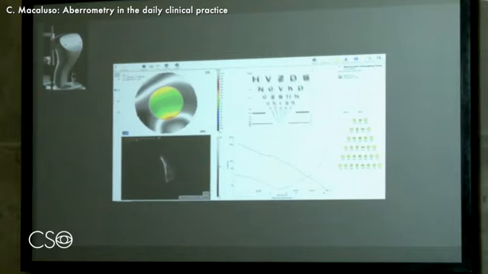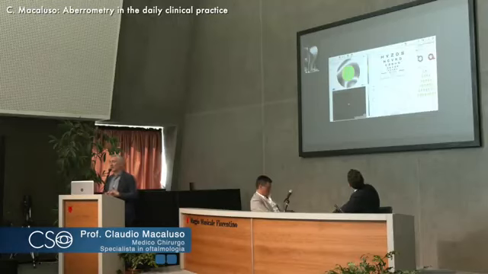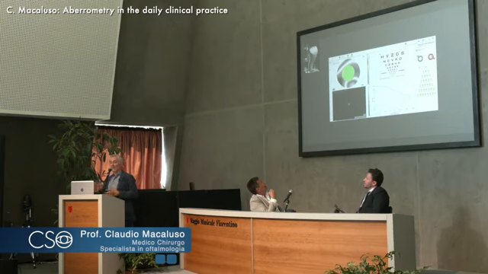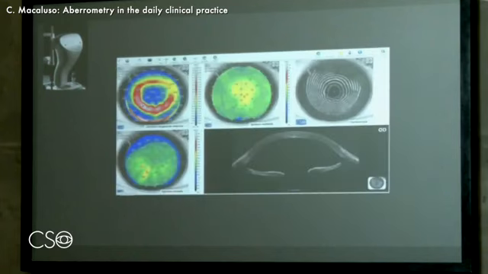This is the quality of vision we get, and by just correcting this cylinder mainly, we get beautiful results in PSF and visual acuity. This is important because sometimes one can think, well, we must go to a corneal transplant, then we think about something else. Rather, as the aberrations are low, we can go on with the toric ICL or IOL, depending on the age of the patient and the situation.